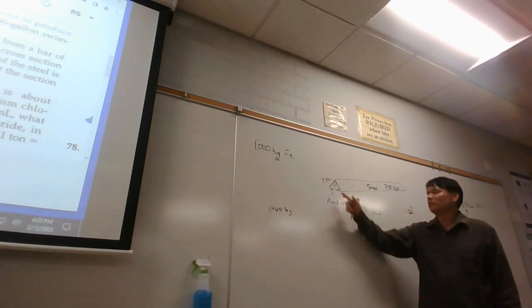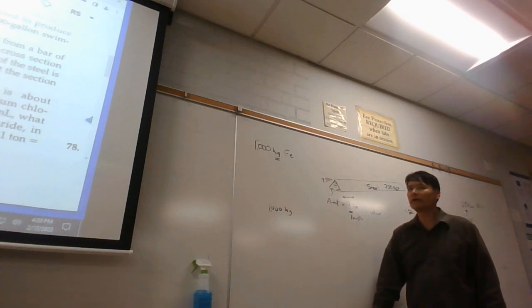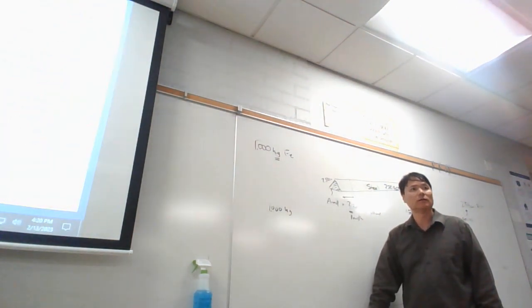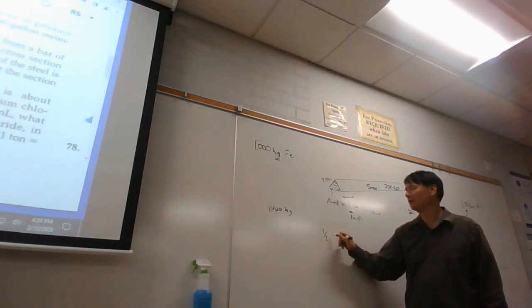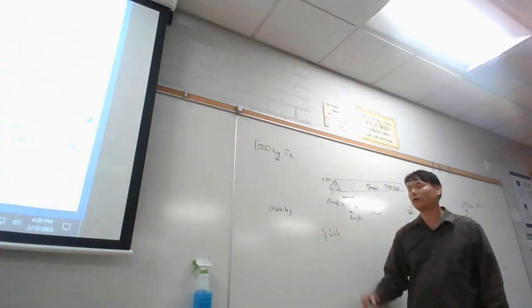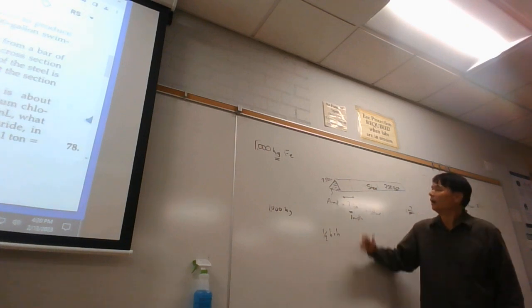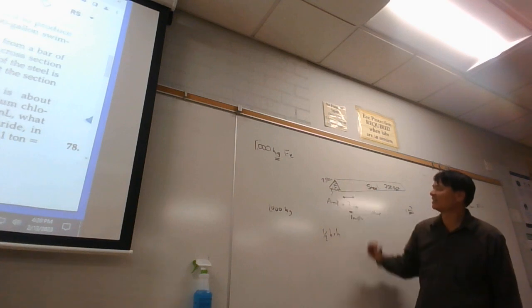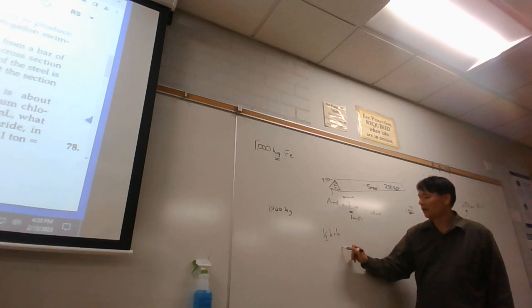And so what we need to do is calculate the area here. What is the area of an equilateral triangle? The area is going to be 1/2 base times height. So we're going to have to figure out this height here.